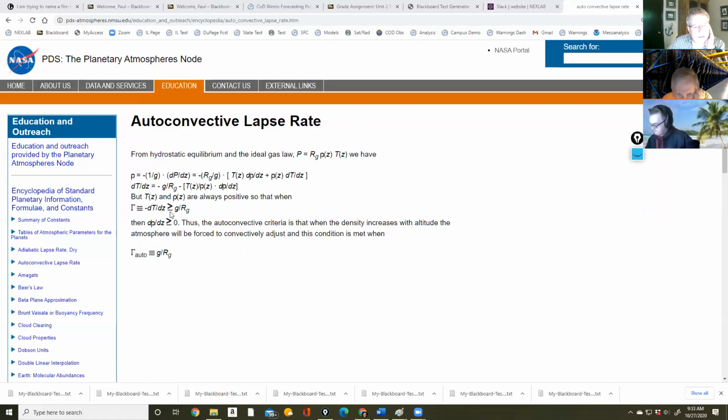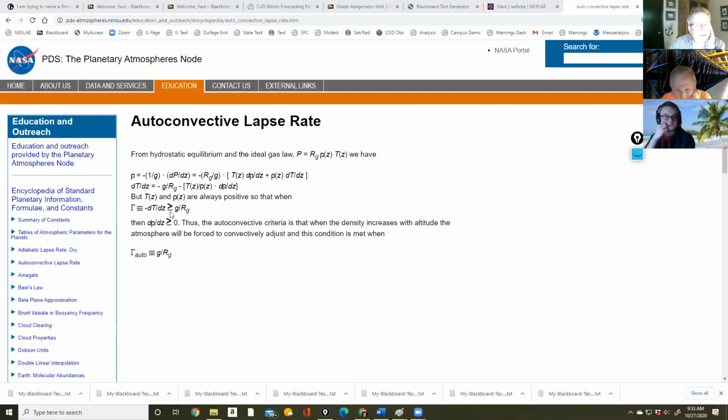They're saying that the density is minus 1 over g dp/dz, which makes sense, which is equal to rho g over g. Oh, so they took the derivative of this side, which is product rule, T dp/dz plus p times dT/dz.